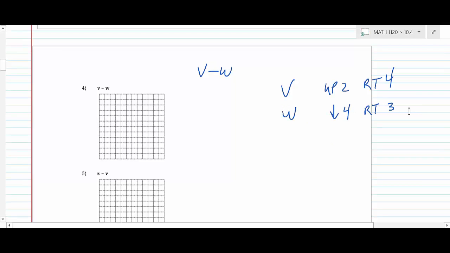Let me show you what you do with this, then we'll finish up with this example. First of all, when you're doing vector subtraction, you just change this to v plus negative w. And that negative just changes the direction of the vector to backwards. So we can start somewhere in the middle here.